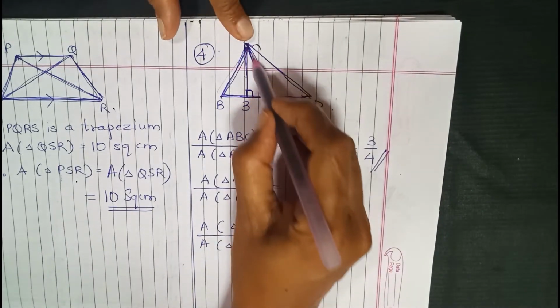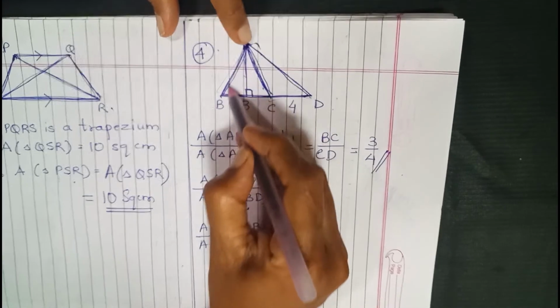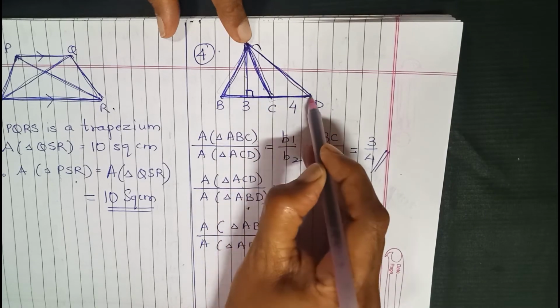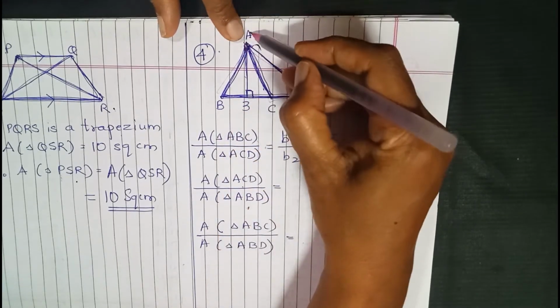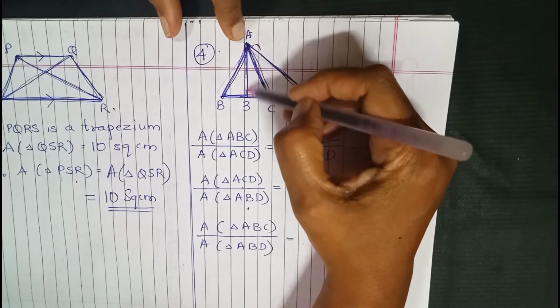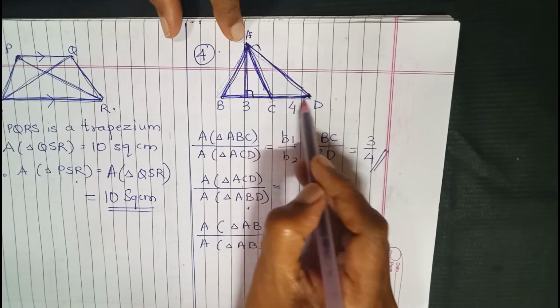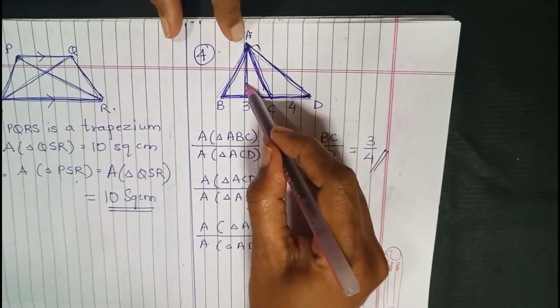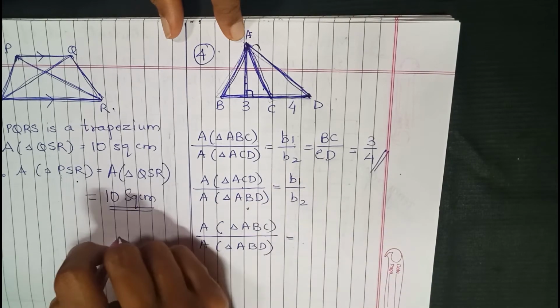Triangle ACD. So this triangle and triangle ABD. You can see again the big triangle. So again in this big triangle and this small triangle we have a common vertex A. So again this height that I have drawn is the height for the big triangle also and for the smaller triangle also. That means the height is common. So again I will have to use the formula B1 upon B2.